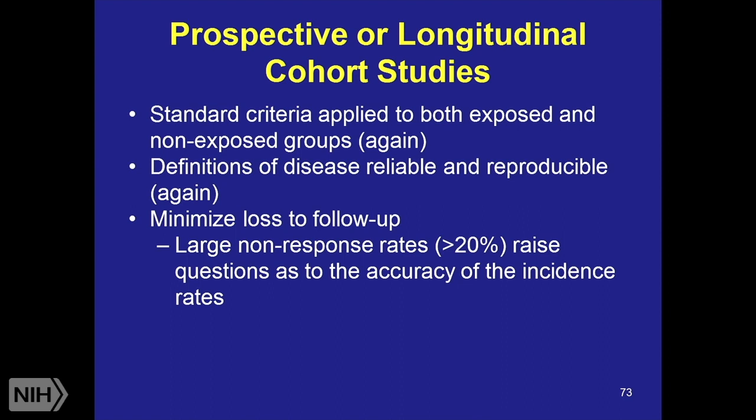In your prospective or longitudinal cohort studies, the same criteria are applied to the exposed and the non-exposed groups. I keep saying this over and over because it's the truth. Definitions of disease have to be reliable and reproducible. Sometimes if you're doing that prospective study, the definition of disease may change during the course of your study.